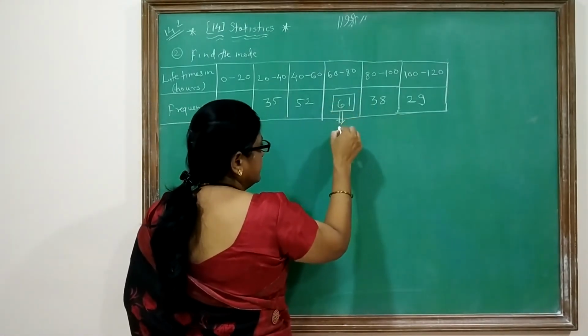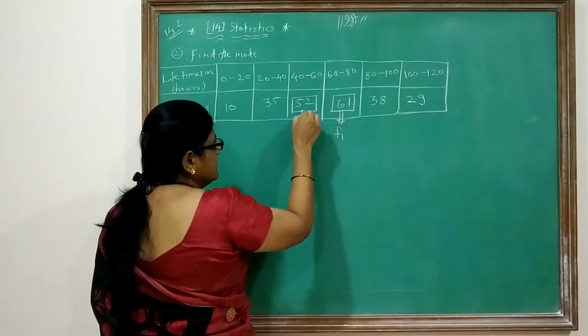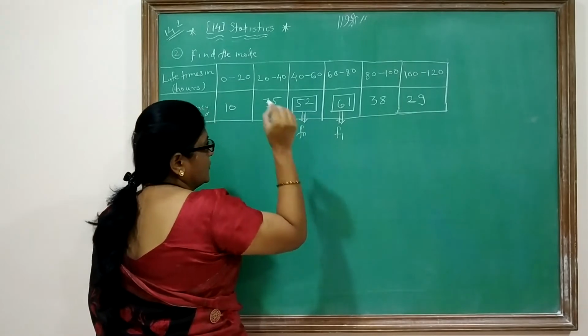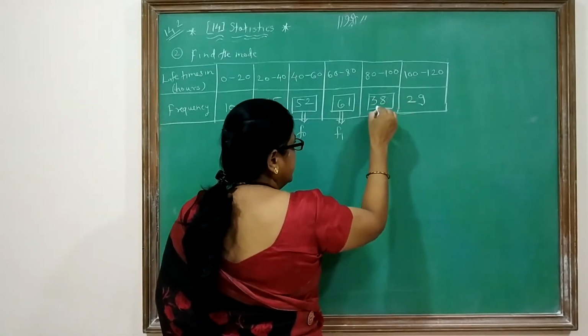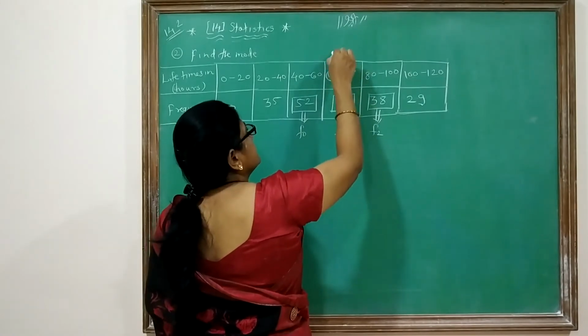Then you will write F1 here. Preceding means you will write F0, and succeeding means you will write F2. And your L is 60.